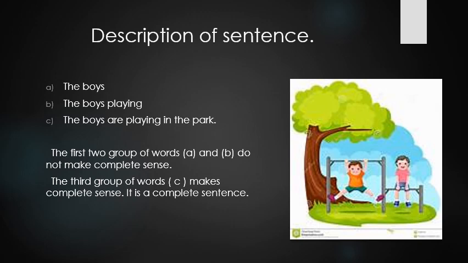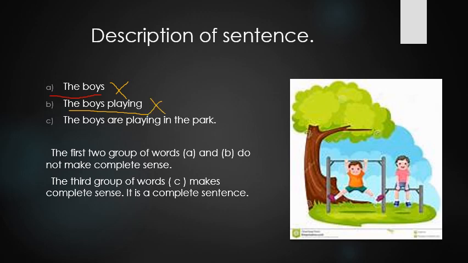Now see, children, here for A, what have I written? The boys. I have written only the boys. So only writing the boys, does it make any sense? No, it's wrong. When we say the boys playing, is it correct? No, it is also wrong.